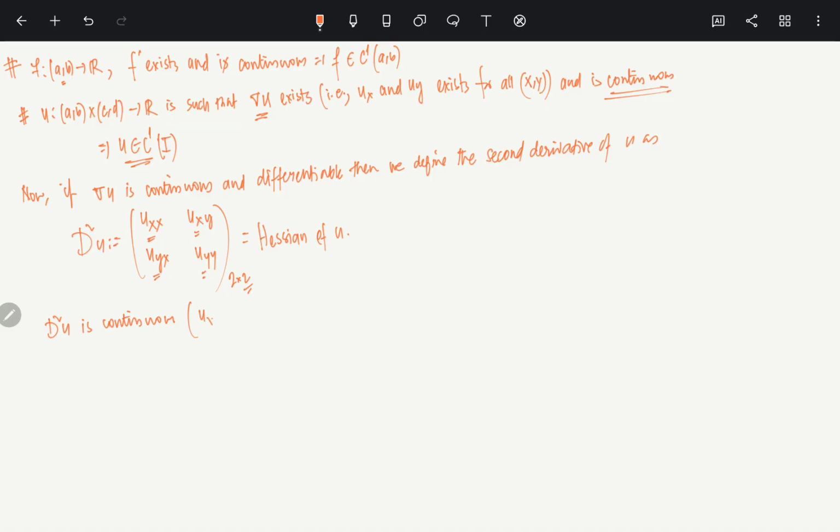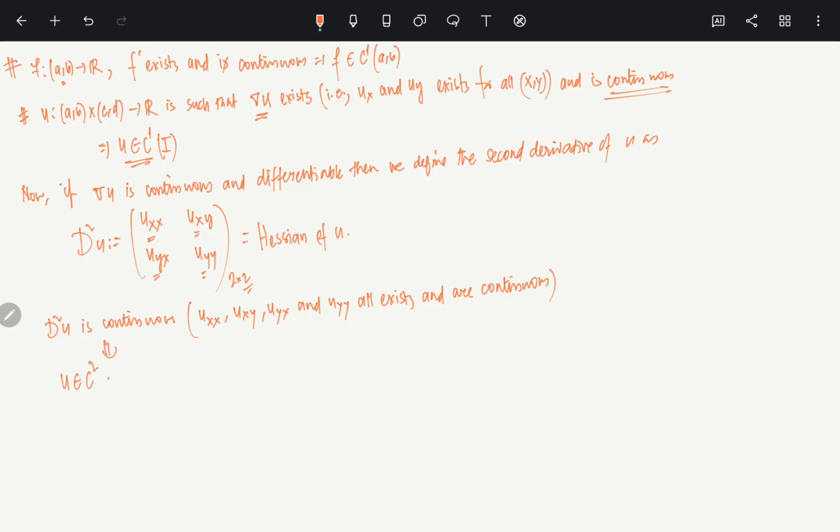It means that all these functions uxx, uxy, uyx and uyy exist and are continuous. Then we say d2u is continuous, essentially. Clear? And if this happens, this will imply that u is C2.